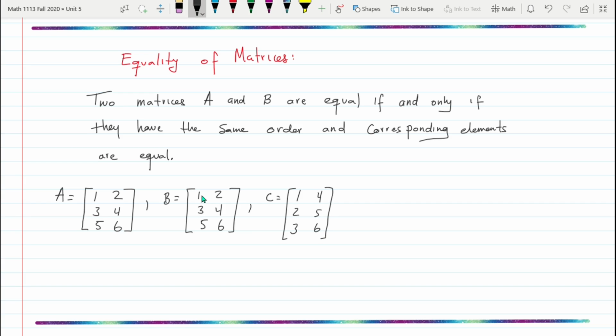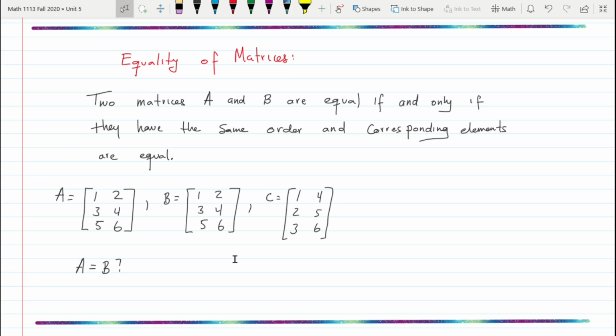So if we look at this and we say A equals B, the dimensions of A are 3 rows by 2 columns. So it's a 3 by 2. B is a 3 by 2 as well. So that works out. Can we just say that they're equal since they have the same order?